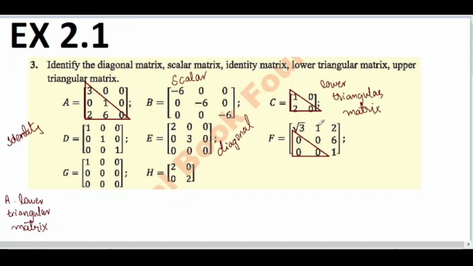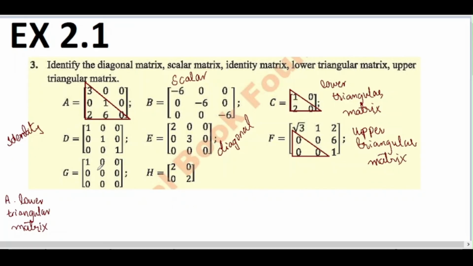Basically there are two, and the non-diagonal entries, which are 1, 2 and 6, are also completing the condition of at least one non-zero element, so we can call it an upper triangular matrix.